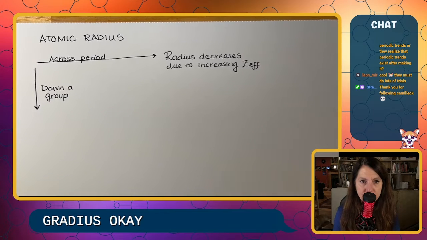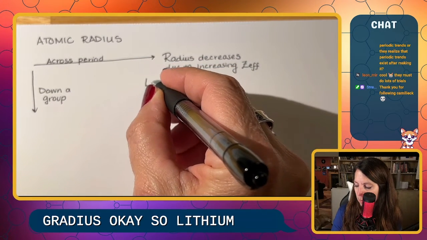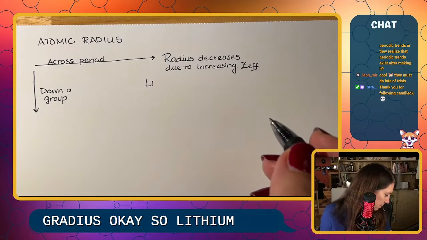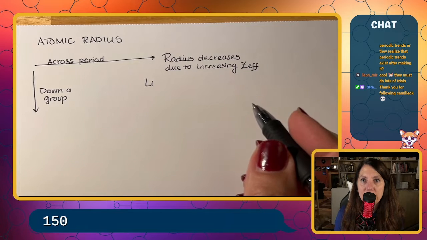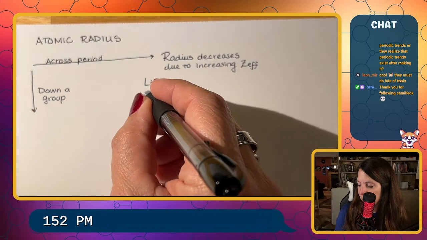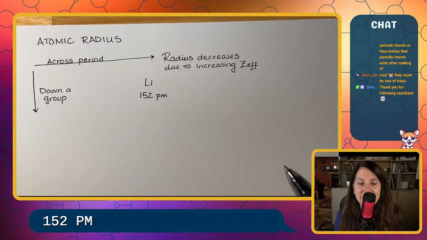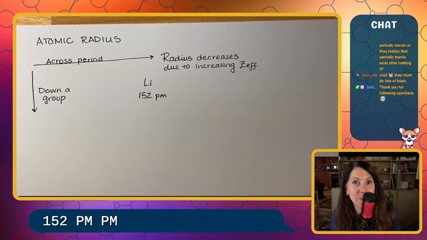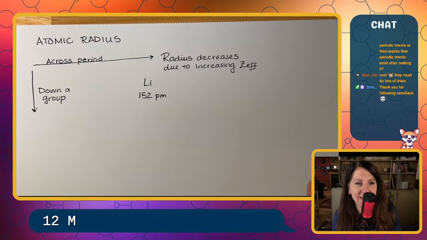Okay. So, lithium is 152 picometers. Picometer, pico, 10 to the minus 12th meter. It's a little tiny lithium.